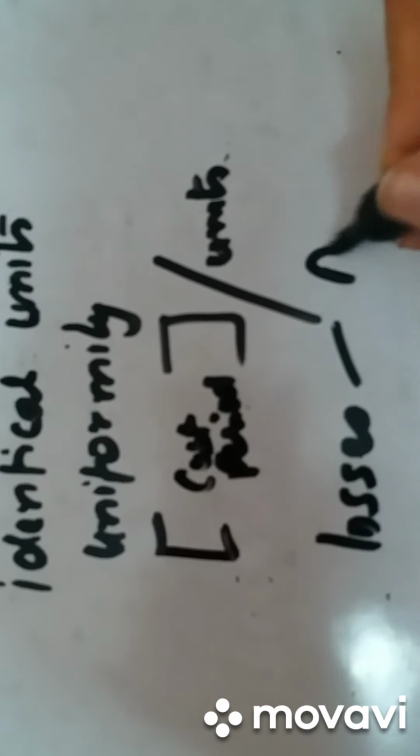Another thing we have to remember is that there might be losses in the process. Which sort of losses? There can be avoidable losses and unavoidable losses. Unavoidable is normal loss and avoidable is abnormal loss, and this treatment we'll be discussing later in detail when we proceed further.